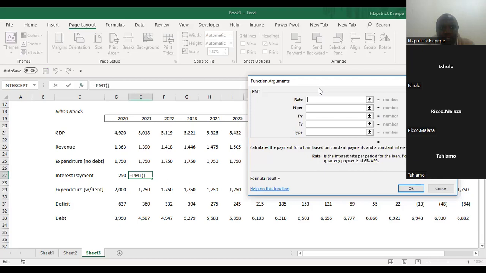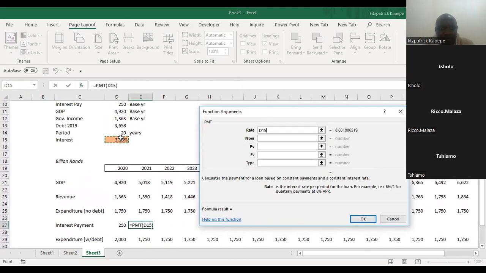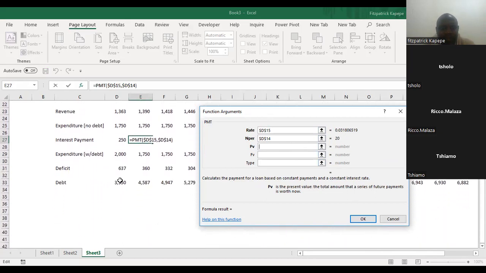So the rate, we have this rate. Number of payments, 20 is there. We have the present value of this 3950.